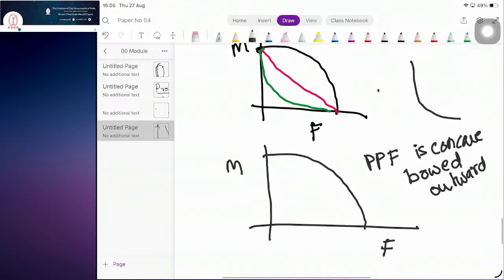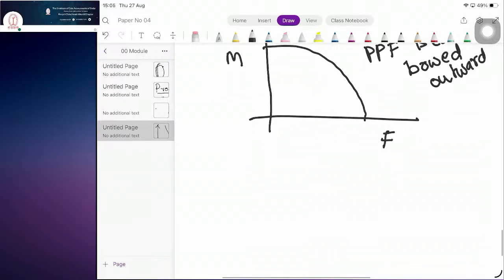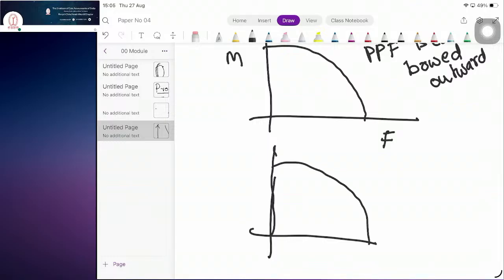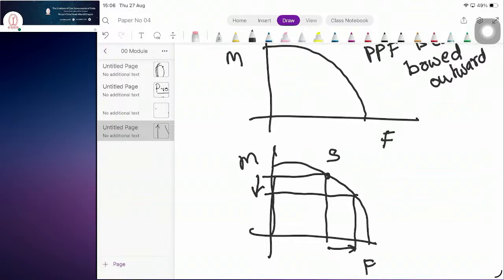The last idea in this we have to know now. See, if you move from a point, suppose this is F and this is M. Suppose I'm at a point like this, S, and I want to increase production of food. If I want to increase the production of food, I have to decrease the production of manufactured goods. Understood? So write this very important thing.